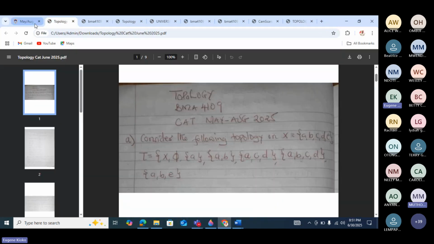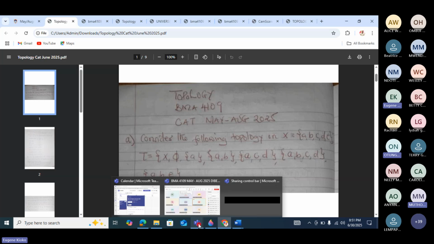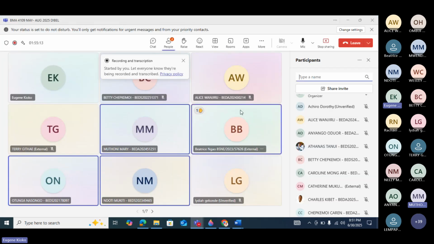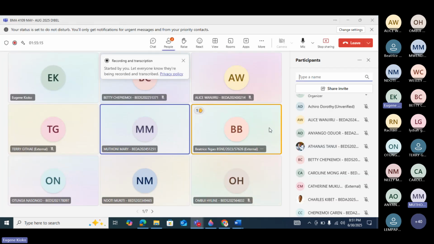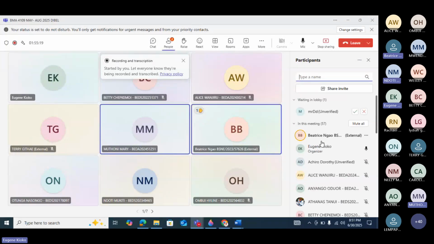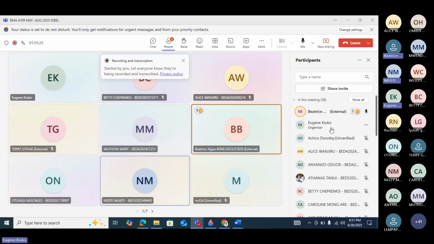Excuse me, Doctor. Okay, this is my first class that I'm attending. I have a concern about the topology cut for Kigali. Are we supposed to do that cut? The cut we have already done and marked. See, the line is sharp.